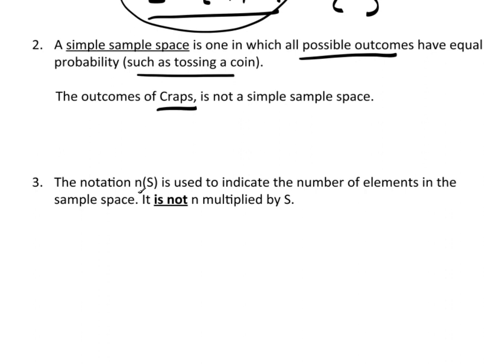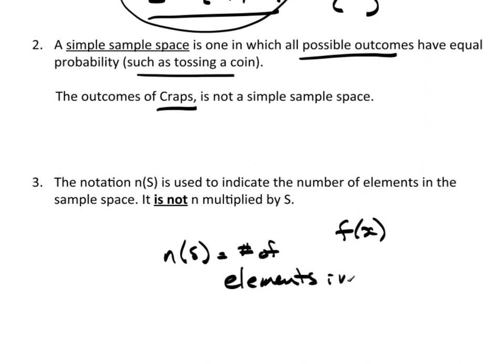So this notation n of s is used to indicate the number of elements in the sample space. Now this is function notation. If you remember from algebra the idea of function notation, you may use f of x. It's a function of x. This is not f times x. n of s equals the number of elements in S. In this case, S is our sample space.